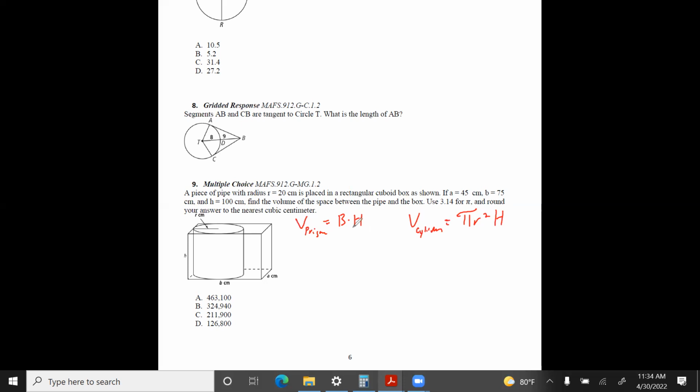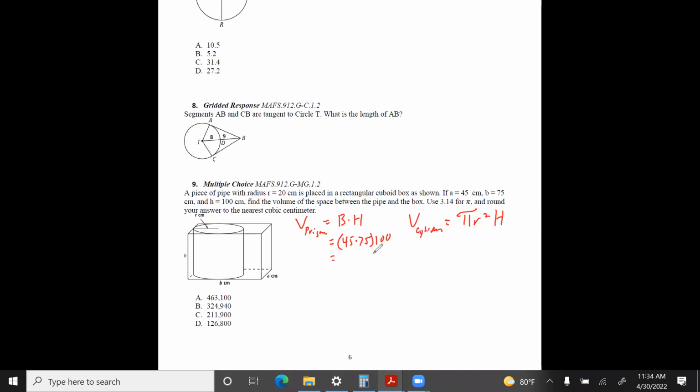For the base area in this one, they gave us the two parts of our base, which were, let's see, A was 45. Then we had B was 75. And then the height was 100.